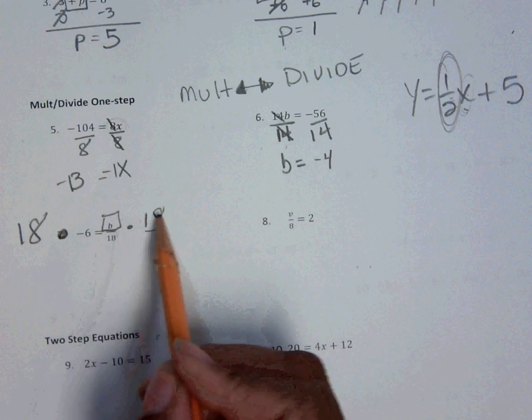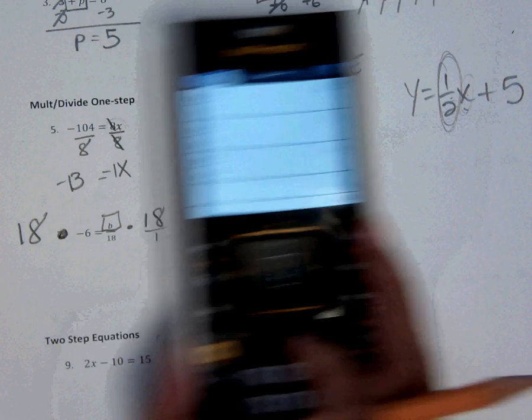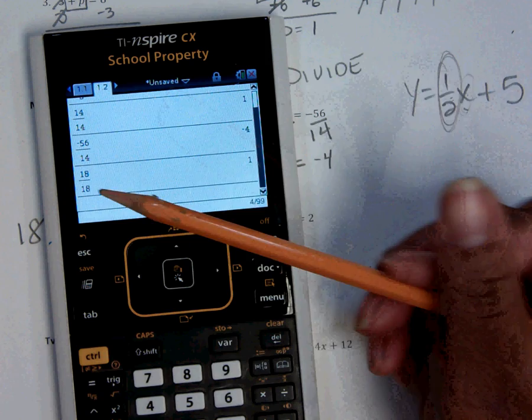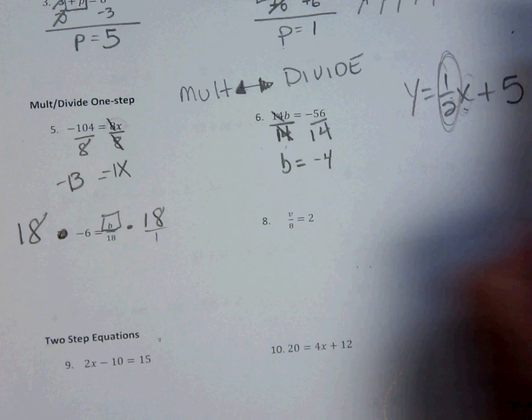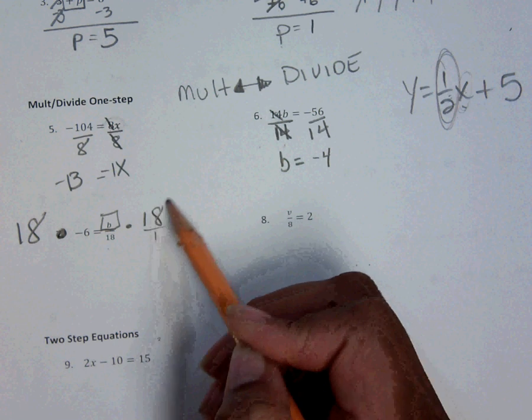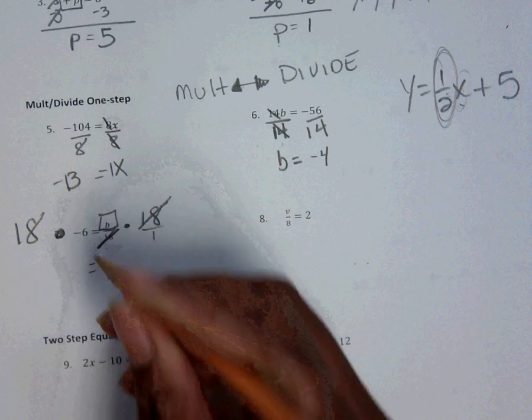And so if you multiply across, that's 18 at the top and 18 at the bottom. And what is 18 divided by 18? It's 1. And that's what we want. So to get the denominator to go away, you're going to multiply by it. And it makes it become 1. So now B is isolated. So how do you solve this?